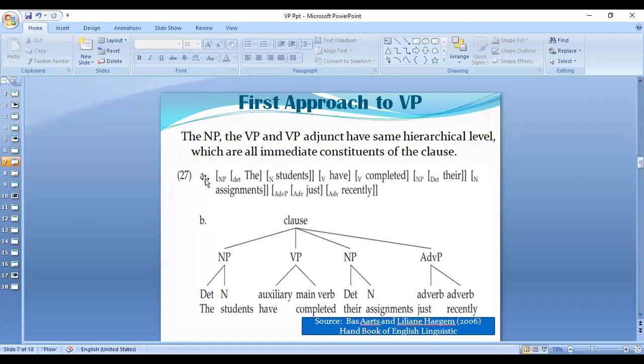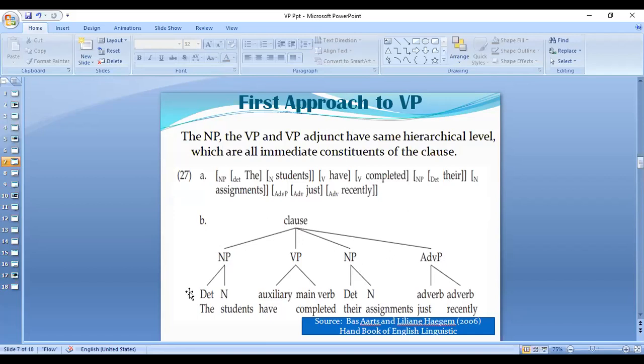We can see in the bracketed diagram, the students have completed their assignment just recently. Here, the first is a noun phrase, have completed is a verb phrase, then again a noun phrase, and an adverb phrase. They are at the same hierarchical level: noun phrase, verb phrase, noun phrase, adverbial phrase.